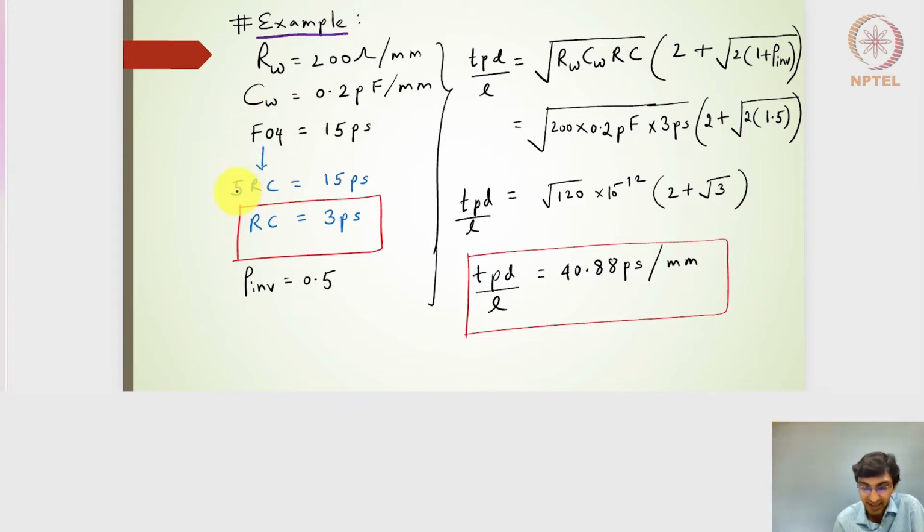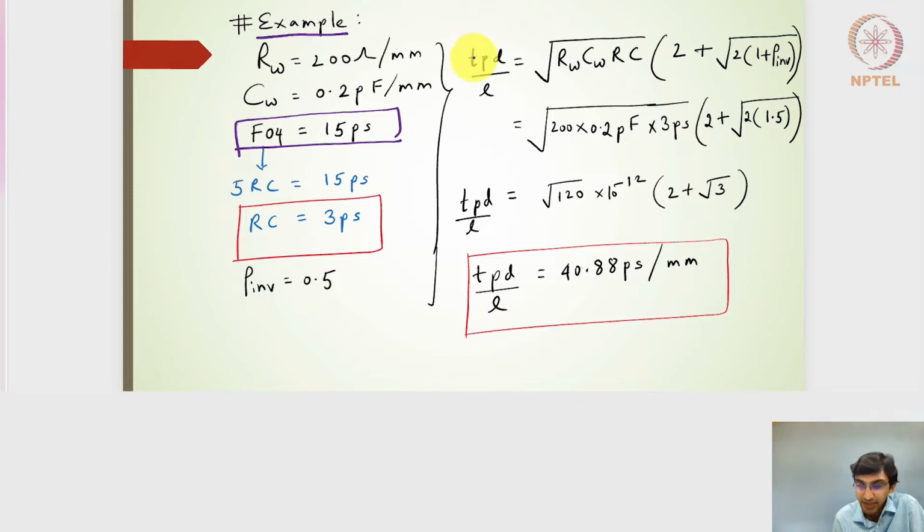The FO4, which is nothing but a unit inverter followed by 4 other unit inverters, gives the phi RC parameter as 15 picoseconds. So that is what is given here for that particular chip design. So the RC value turns out to be 3 picoseconds. And they have used the folded technology, so the normalized parasitic inverter factor turns out to be 0.5.